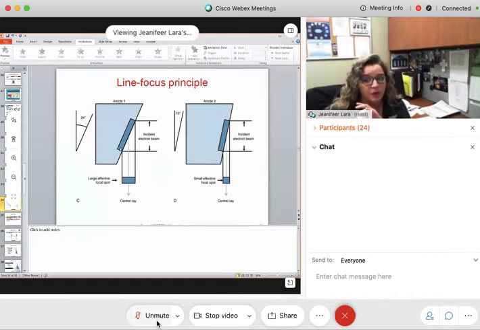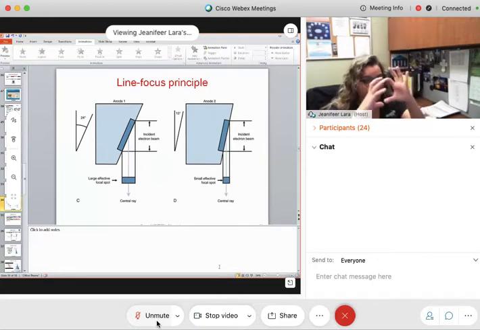We're going to talk about which angles. A larger angle gives a larger effective focal spot. The smaller the angle, the smaller the effective focal spot. But if you notice, we have the same actual focal spot.